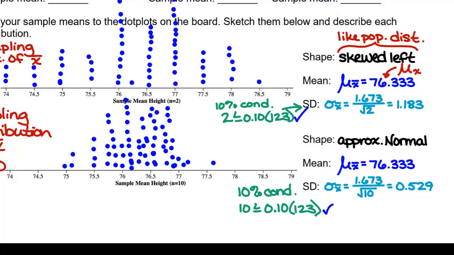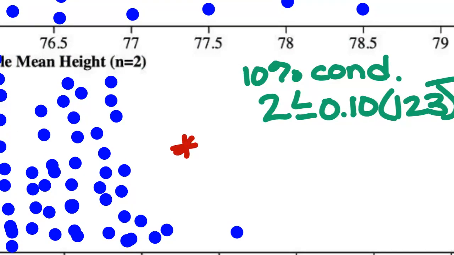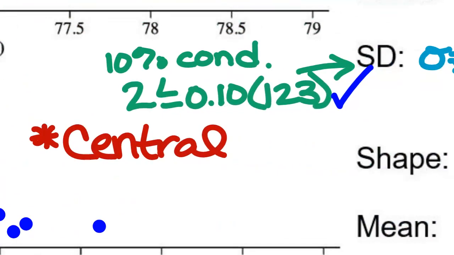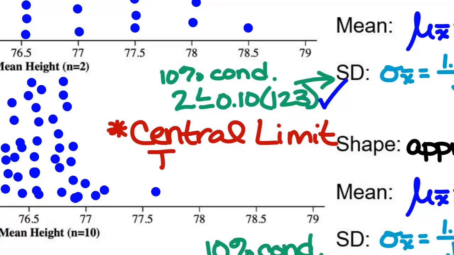This idea right here, what we saw happen in this graph, we call this the central limit theorem. Do you remember how when we did proportions, we had to check large counts? We had to make sure that we had at least 10 successes and at least 10 failures expected, and that's what meant our distribution was going to be approximately normal.